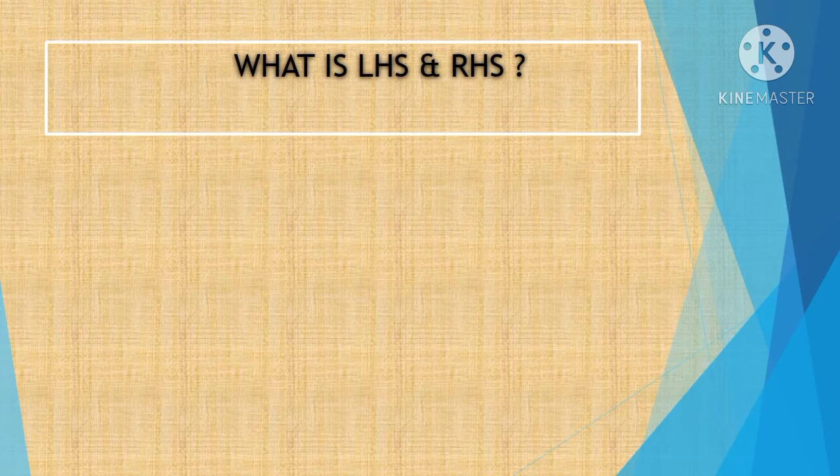So the next thing is, what is LHS and RHS? So in an equation, you know what is an equation? In an equation you will have the variables, constant term, operation, and you will have an equality symbol. You will have an equal to symbol. So you will have some terms before the equal to symbol and some terms after the equal to symbol, right? Look at here.